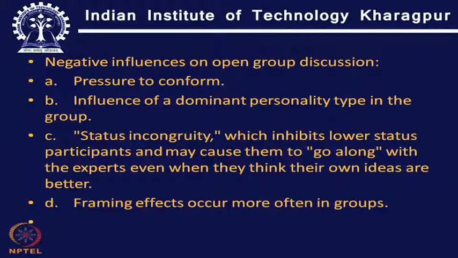In groupthink, what happens? It's a phenomenon in which the norm for consensus overrides the realistic appraisal of alternative courses of action. So group members, because there is a pressure to conform, may rationalize any resistance to their own thought processes and assumptions they have made.